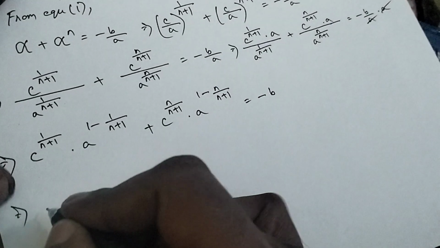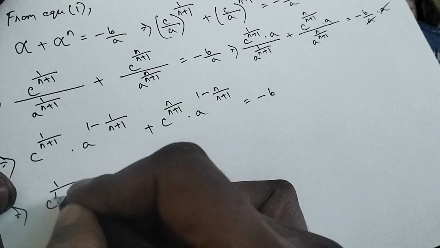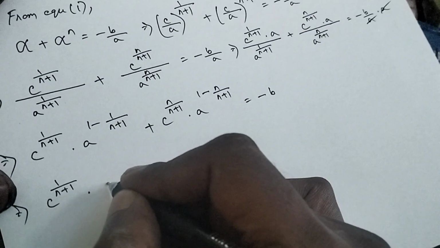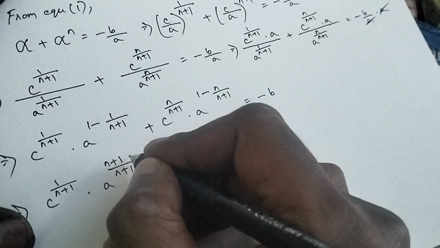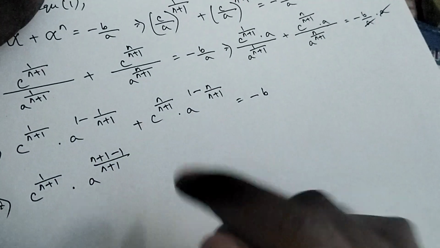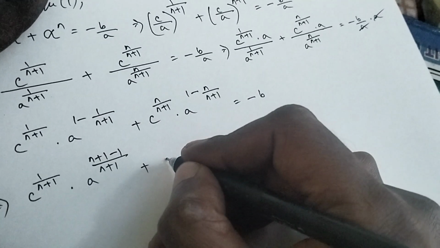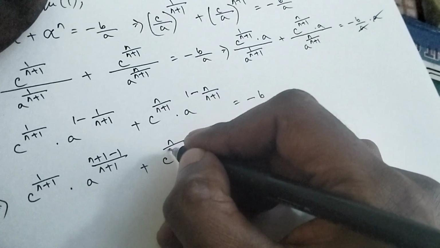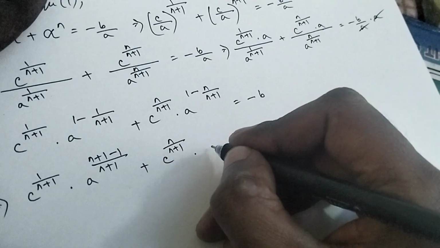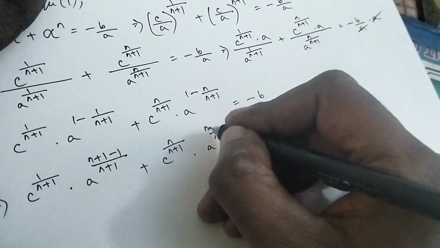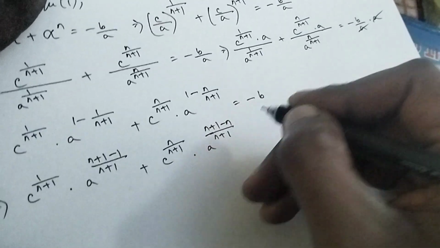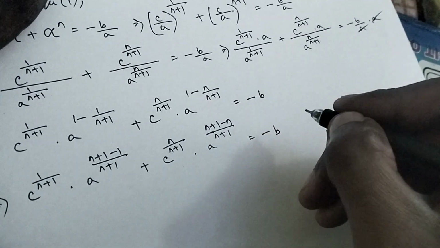So it will be c to the power 1 by n plus 1 into a to the power n plus 1 minus 1, plus c to the power n by n plus 1 into a to the power n plus 1 minus n, is equal to minus b.